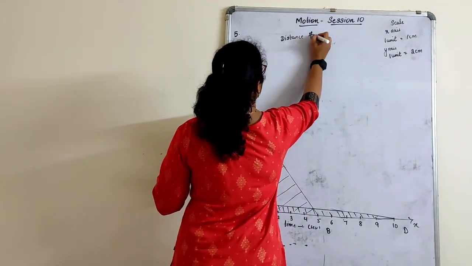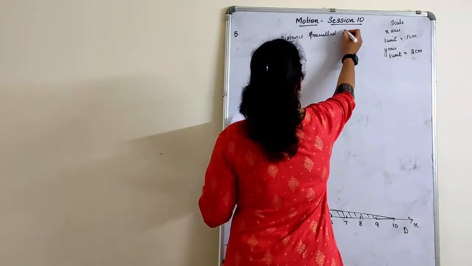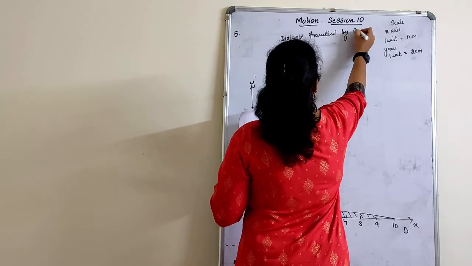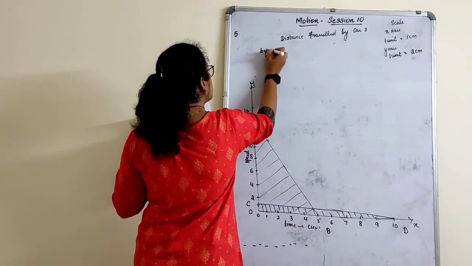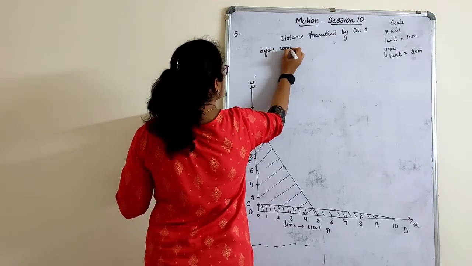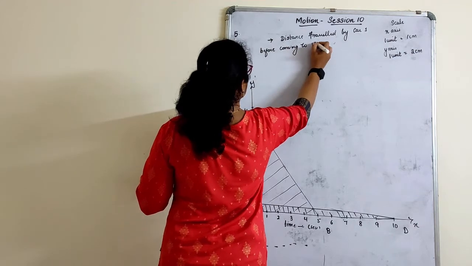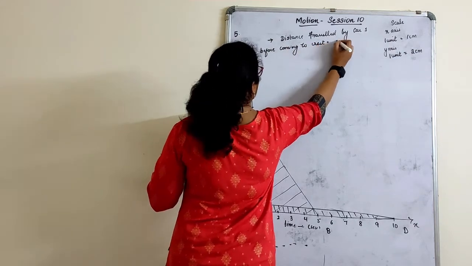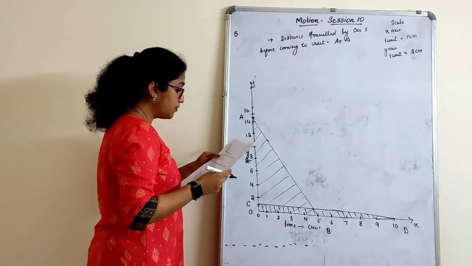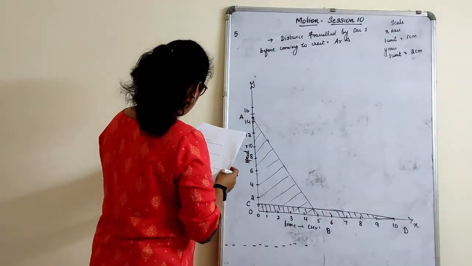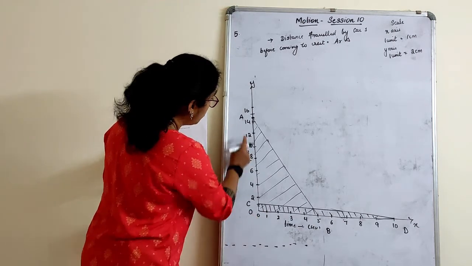Distance traveled by car 1 before coming to rest is equal to the area of the triangle. What can we take here as the area of the triangle? This was car 1, right? Yes, OAB.